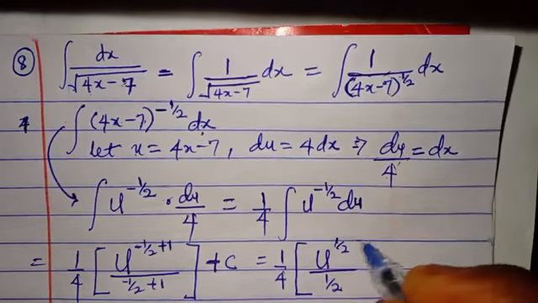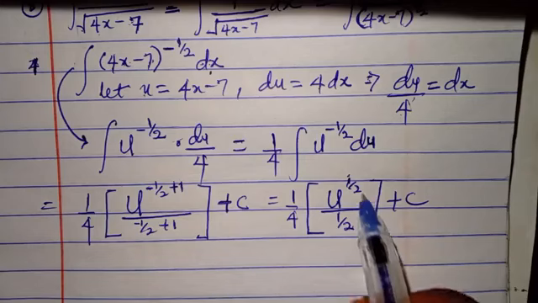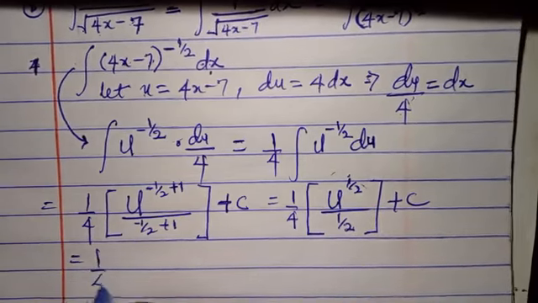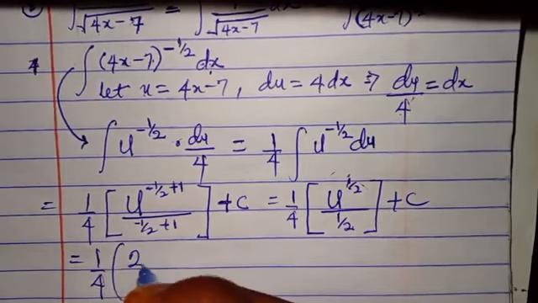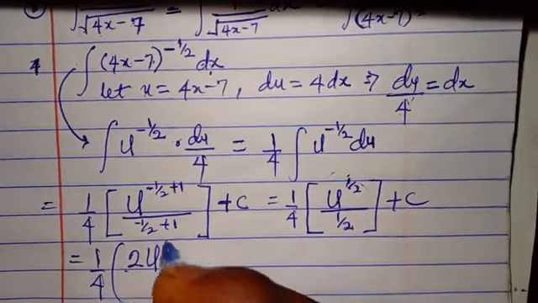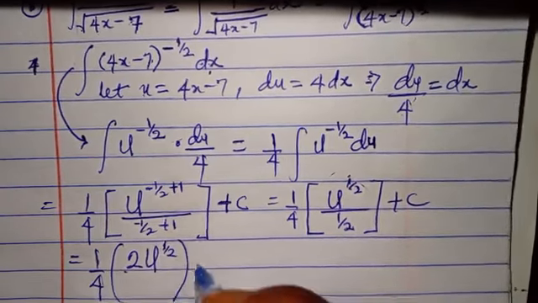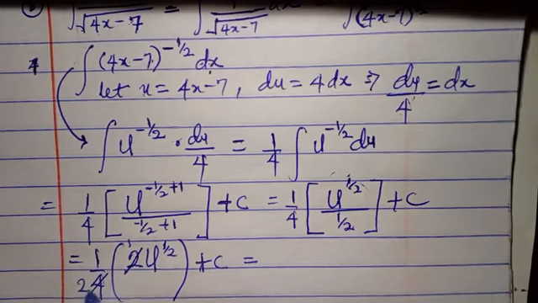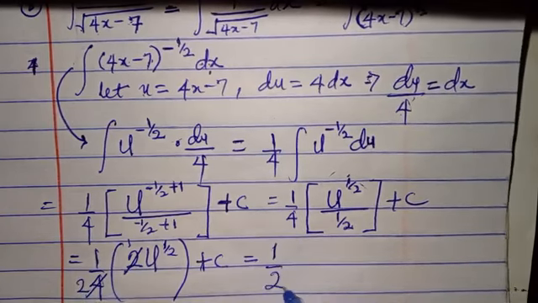The same thing there, plus half. These brackets will now reduce to 1 over 4 into 2 all over 1. The 2 multiplies the 1 on top. 2 here is 1, 2 here is 2. So we are having 1 over 2.